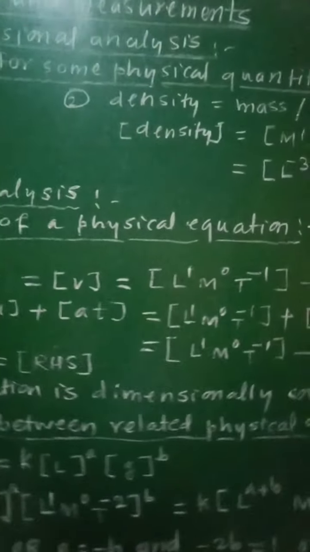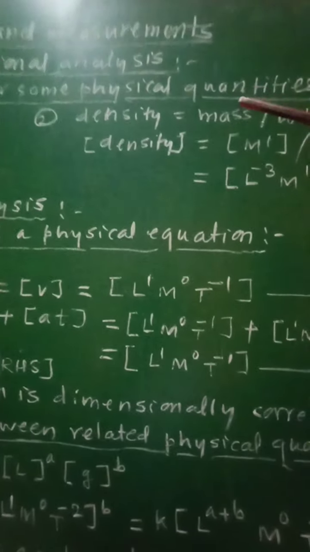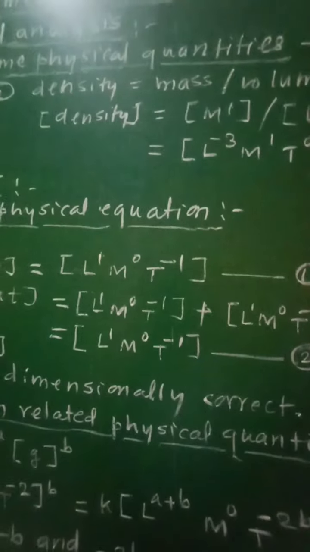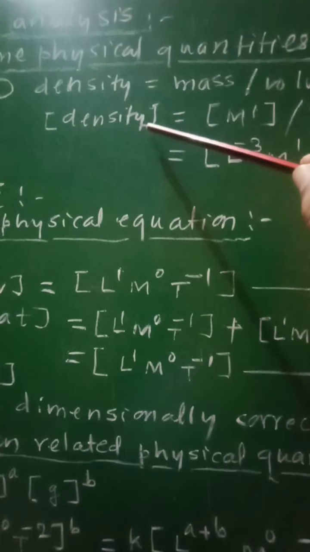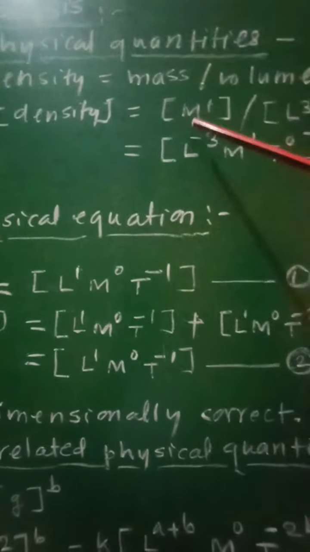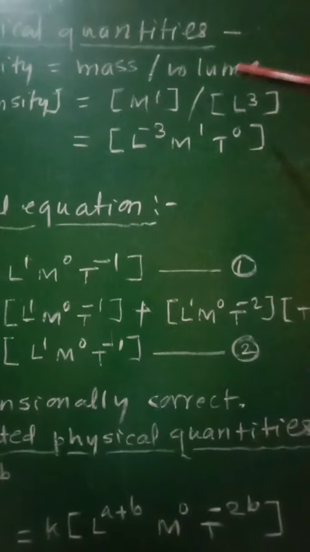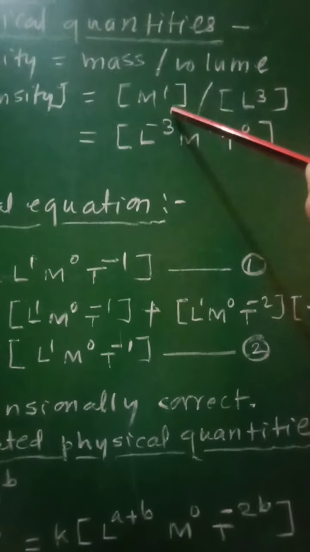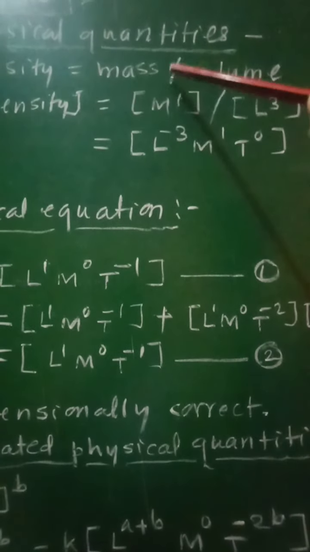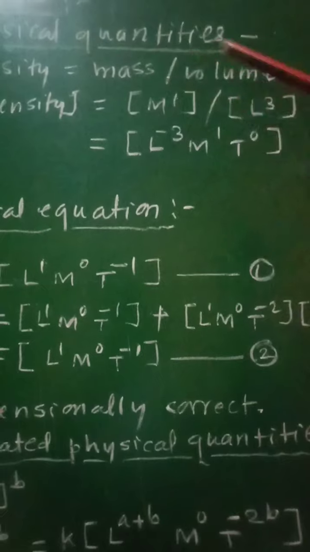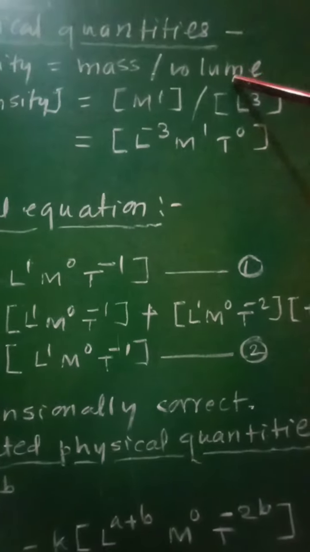Similarly, if we consider a second example, that is density equal to mass per unit volume. In order to obtain the dimensions of density, we will have to write the dimensions of mass and the dimensions of volume. Dimensions of mass: mass occurs once here, so it is 1 in mass, divided by the dimensions of volume.